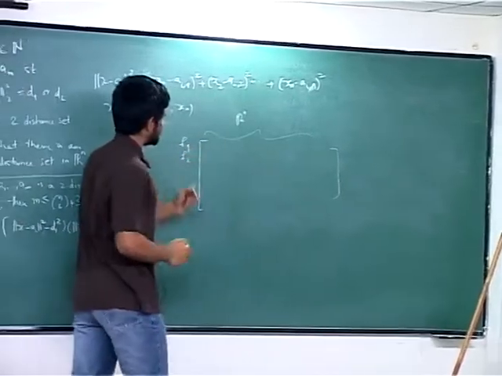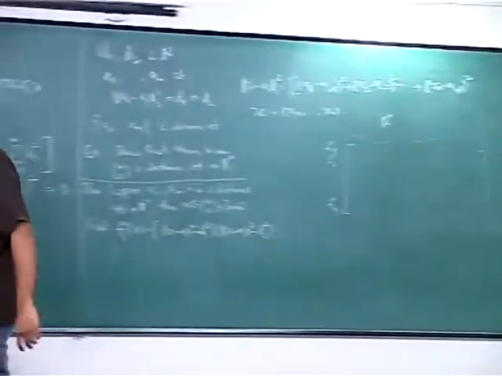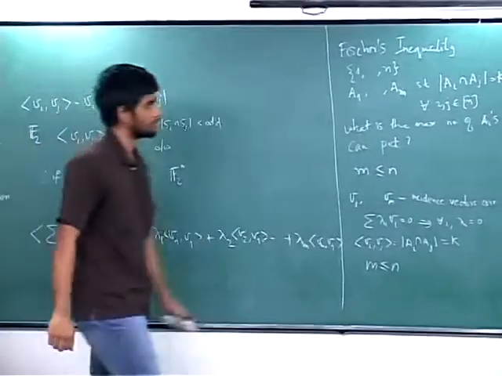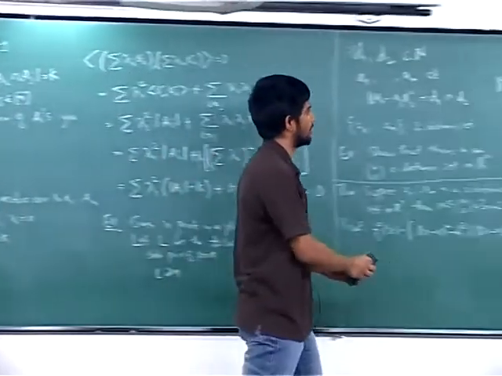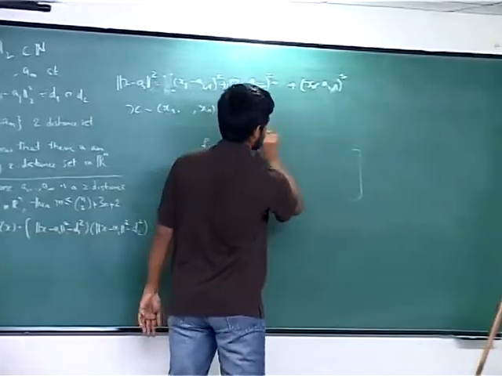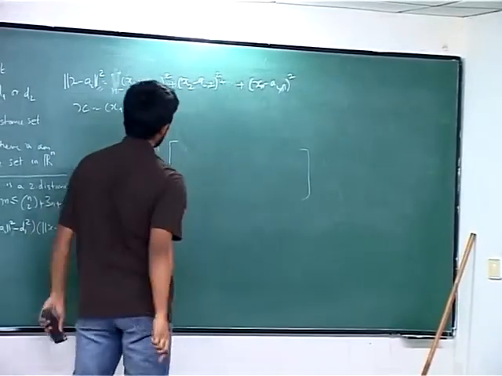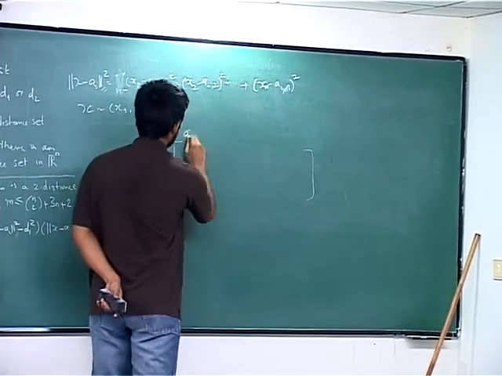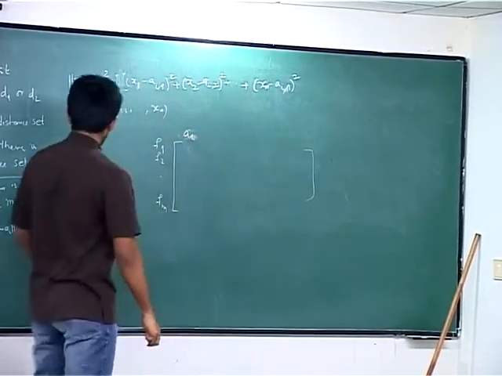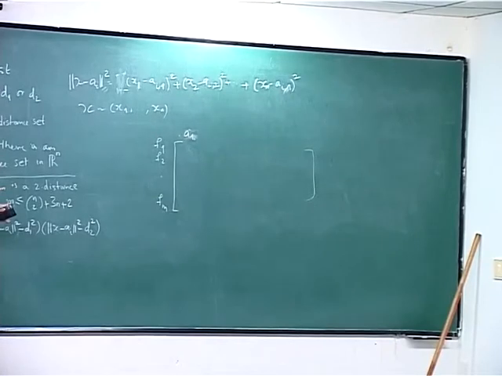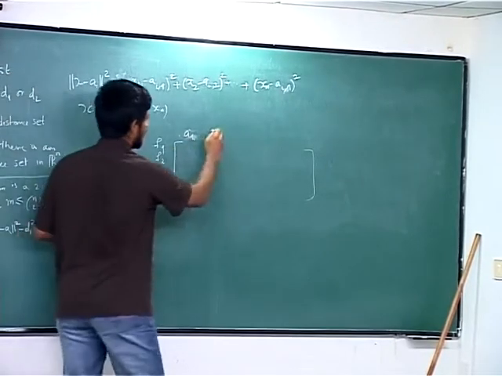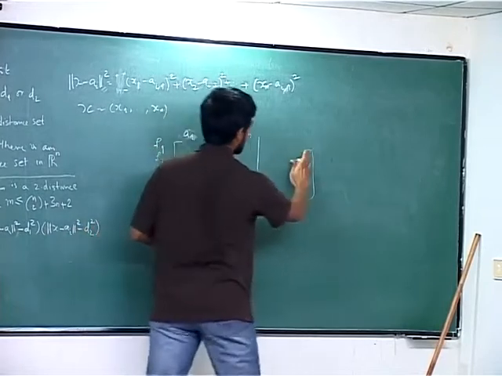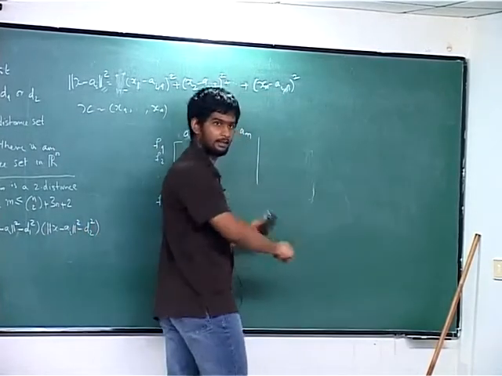And you have, say, the first m columns are these points A1 to Am. So you have A1 here, A2 here, Am, and then the remaining are all the other points in R to the n.